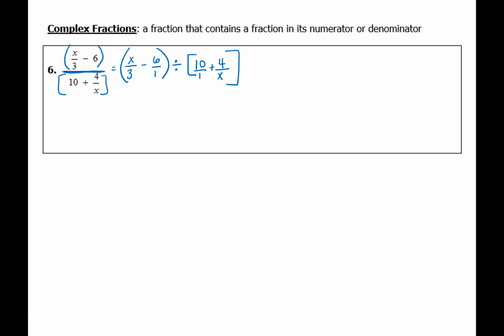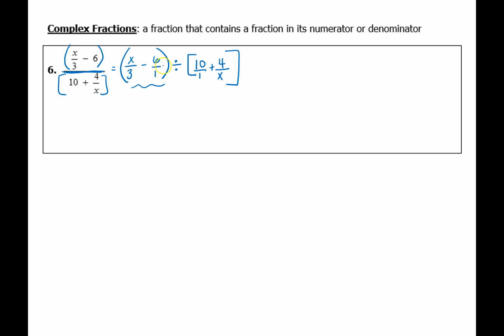Okay, so now let's see what we can do. Because this is a division sign, we're eventually going to need to keep, change, flip, right? But before we do that, why don't we work with these fractions that are being subtracted and these fractions that are being added individually to make it a little bit easier to manage? So if I worry about just this left side for a moment, I can find a common denominator there, right?